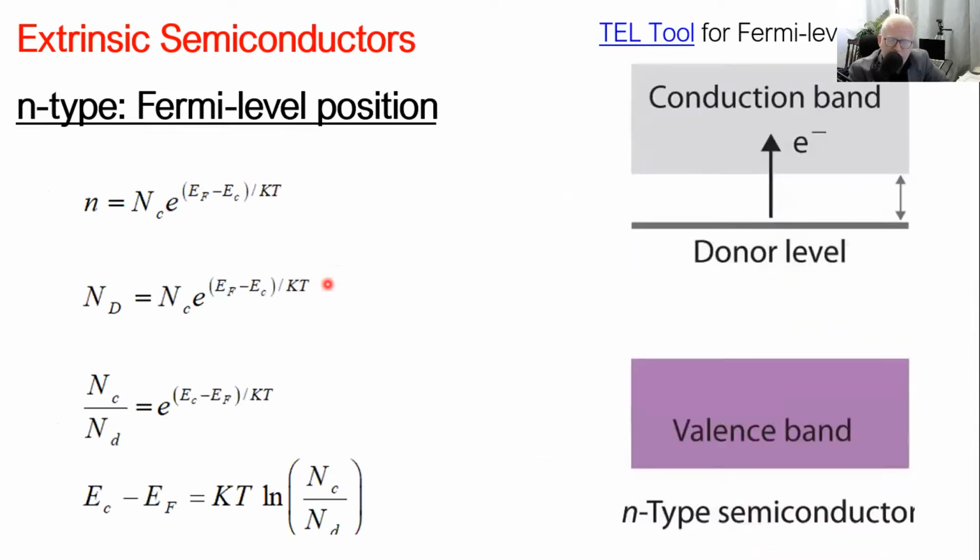Let's go to the position of the Fermi level. I believe you can already guess. As we mentioned, the Fermi level is an indicator. Whenever the number of electrons increases, which is the case for an n-type material, you should expect that the Fermi level will move closer to the conduction band with respect to the valence band.